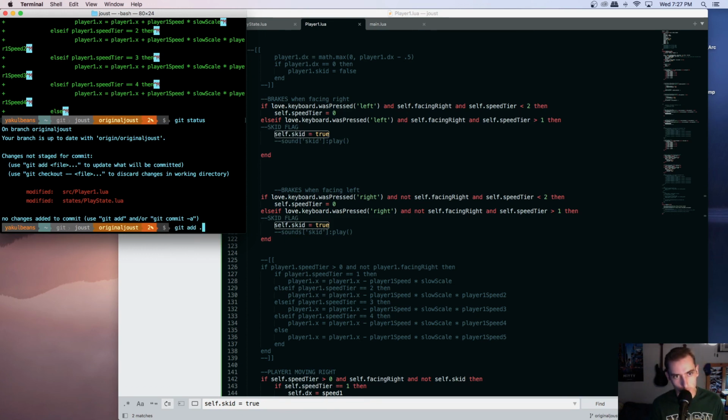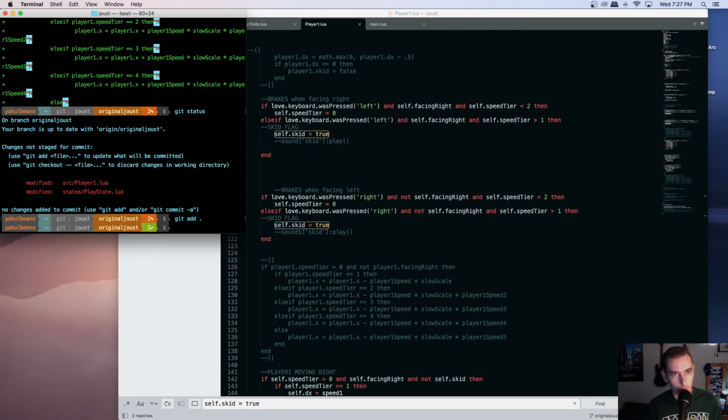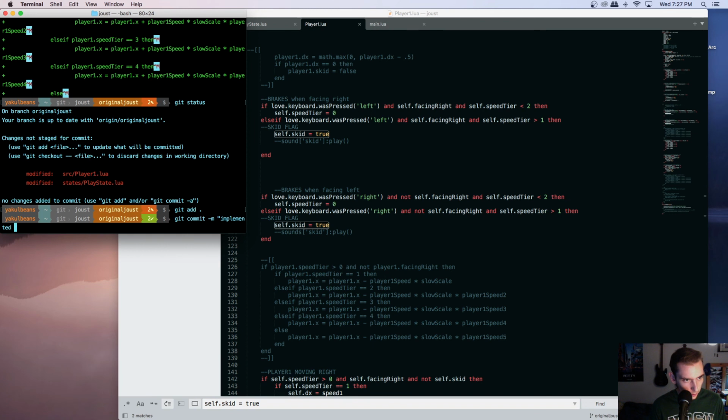So I'll add those two to the staging area. Then I will git commit with a message saying implemented skid to stop for speed tiers 2 and above.